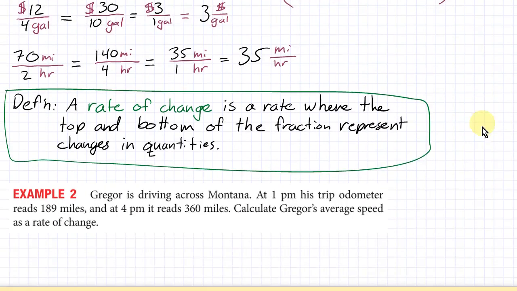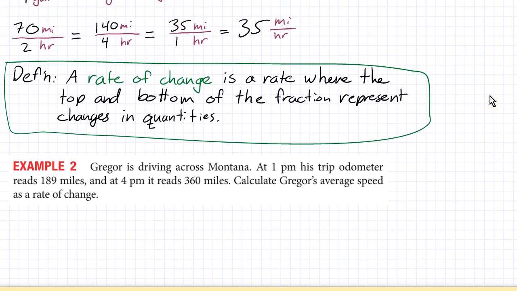Let's look at an example of that, where Gregor is driving across Montana. At 1 p.m., his trip odometer reads 189 miles, and at 4 p.m. it reads 360 miles. Calculate Gregor's average speed as a rate of change.